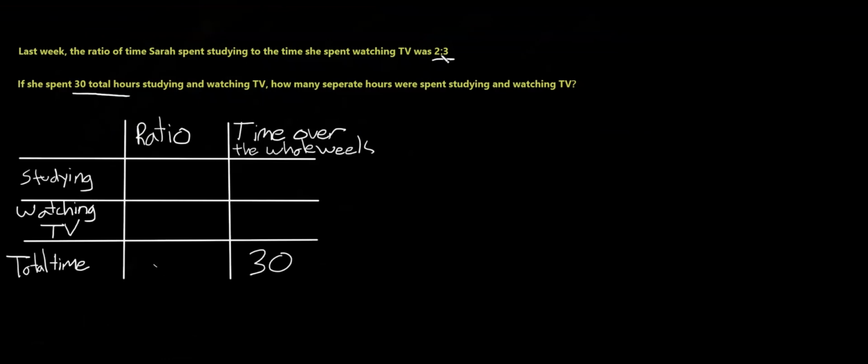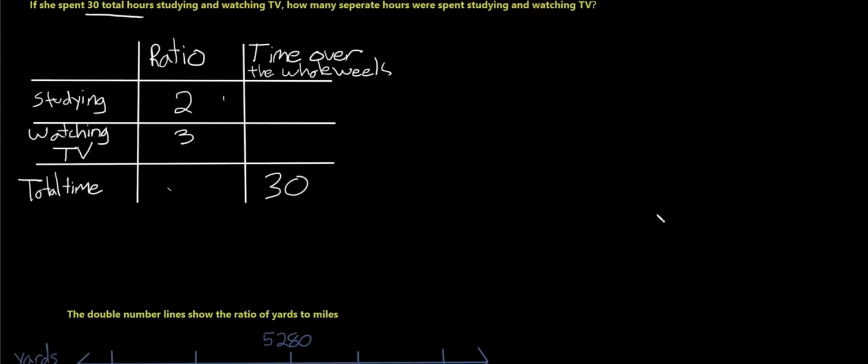We can see up here that the ratio is 2 to 3. So she spent 2 hours studying, 3 hours watching TV. And the table also wants the total time of the ratio, which is 5, because 2 hours studying and 3 hours watching TV is 5 hours in total. So we can go ahead and write 5 down.